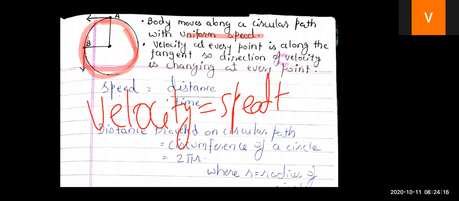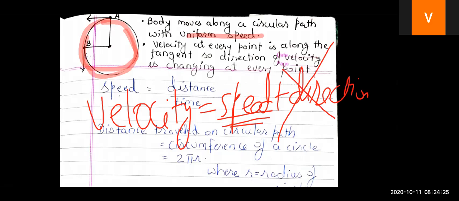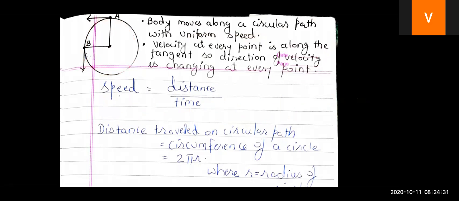Here the speed is uniform, but direction is not constant, because on a circle, at each and every point the direction of the motion is changing. At this point its direction will be along this, but as it is held from the center, it is turning, and the direction is constantly changing.